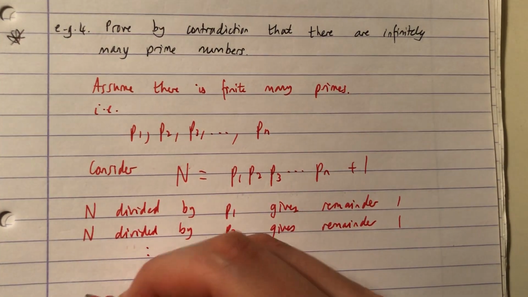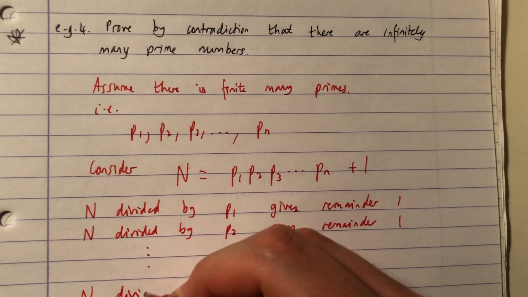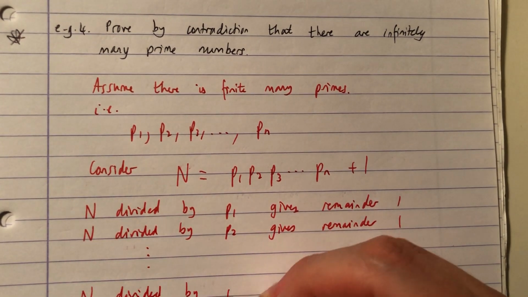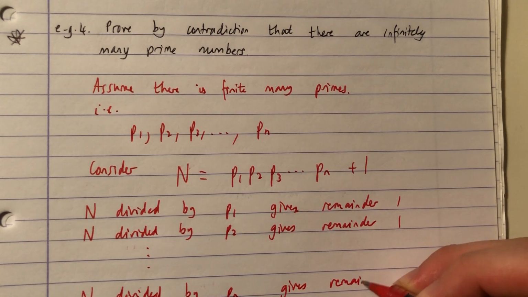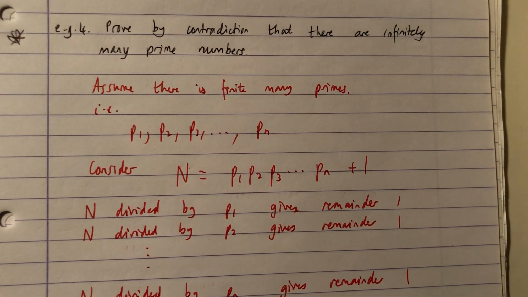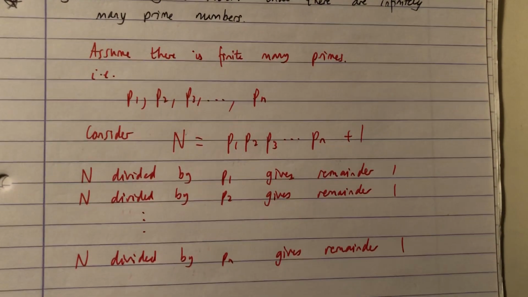And if you did this for every single prime in the list, you're always going to get a remainder of 1. In other words, none of the primes go into n.